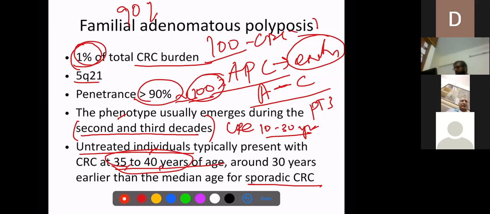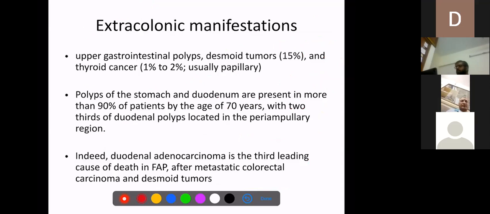So this is only 1%. When compared with sporadic colorectal cancer, this age is approximately 30 years earlier than the median age. Usually sporadic colorectal carcinoma manifests at 65 to 70 years. But in FAP, if you are not going to treat the patient, it is going to manifest in 35 to 40 years, maximum 35 to 40 years.